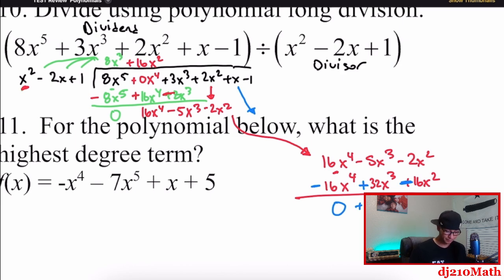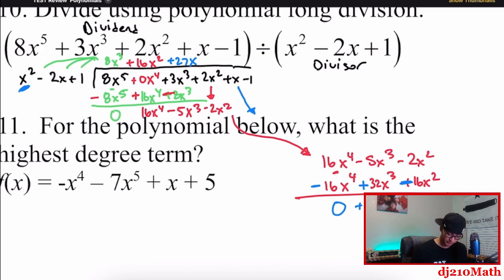We analyze again. x squared times what gives me 27x cubed? It's going to be 27x. So plus 27x. When we distribute, we're going to get 27x cubed. 27 times negative 2, negative 54x squared.